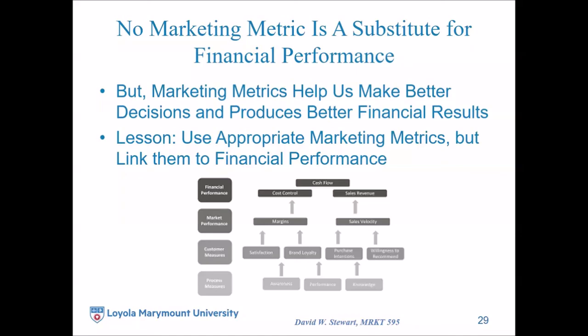One reason why we want people to be brand loyal is because brand loyal people tend to be willing to pay more for the product. Direct effect on margins. Marketing activities have an influence on sales velocity, how much I'm actually selling. And then ultimately those market performance metrics flow into financial performance. Costs, sales revenue, which produces cash flow.